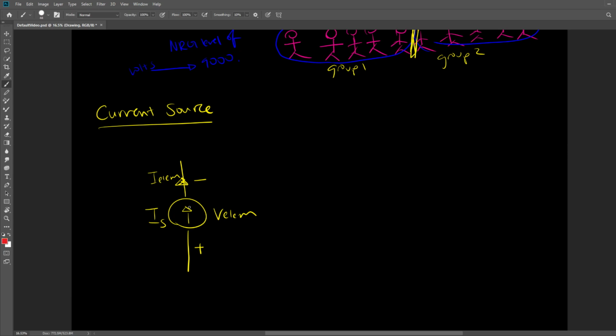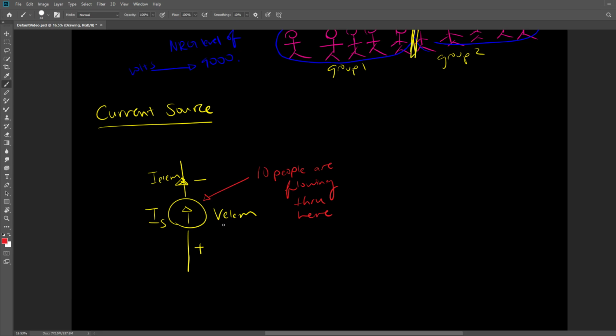The value associated with this just tells us the amount of electrons flowing through here, in amperes. In terms of people, it would be like 10 people are flowing through here. So that's pretty much it.